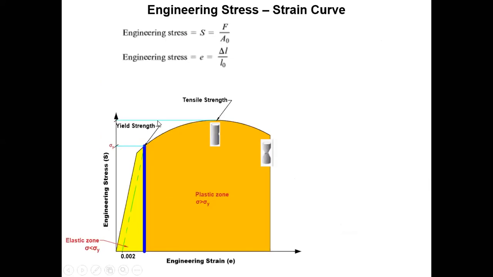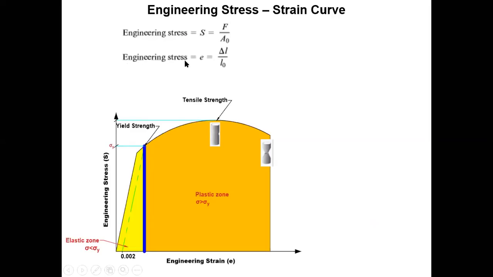So I told you we can get the applied load F and corresponding change of length from the tensile test, right? So we convert this force and change in length that we obtain in that tensile test to calculate S and E. Here we call this S as engineering stress.